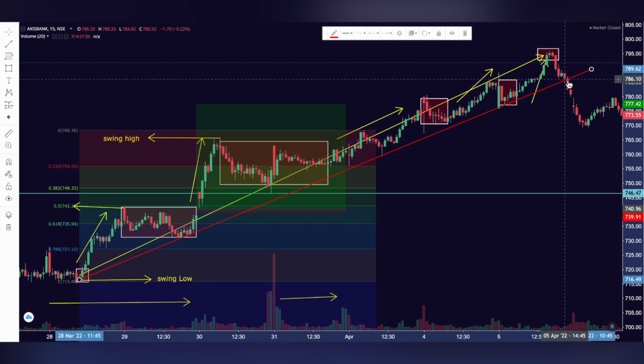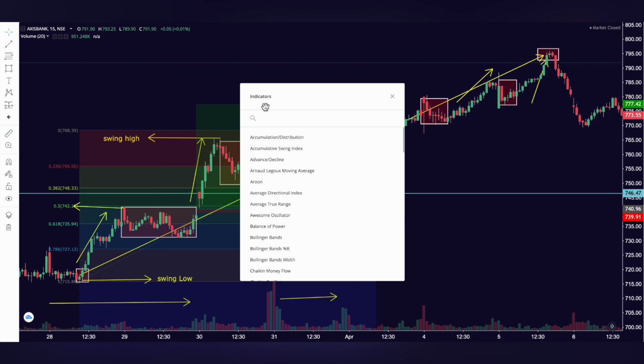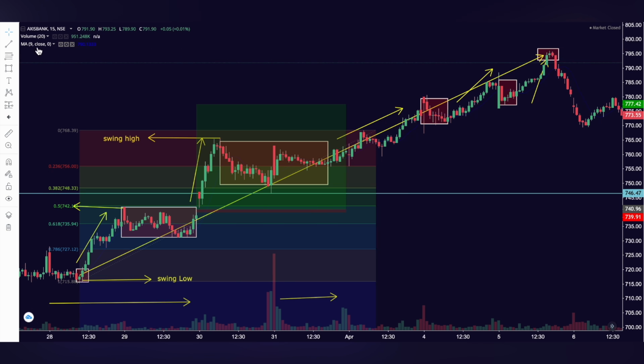Now there is a second way you can exit the trade. Let me show that to you now. You can use the moving average indicator to decide when to exit the trade. Just go to indicators and search for moving average. Now you need to change the setting in moving average.